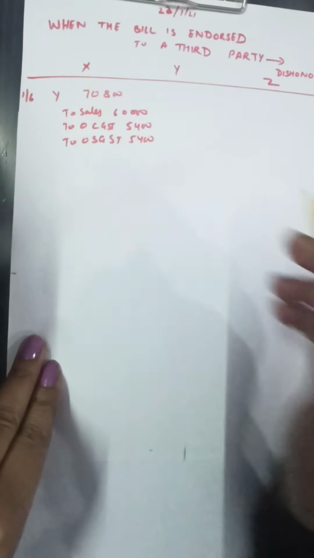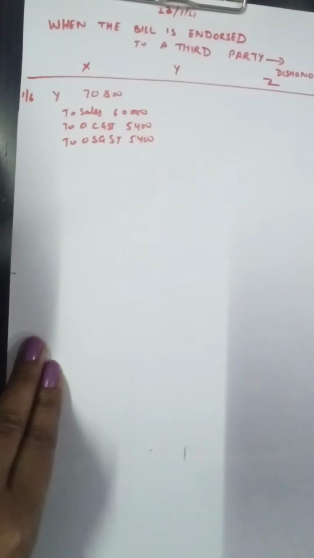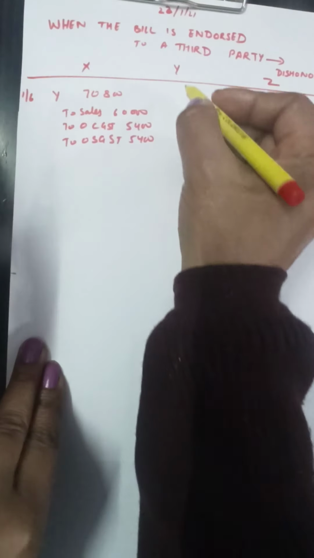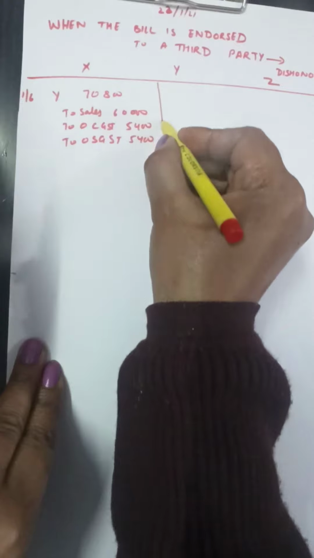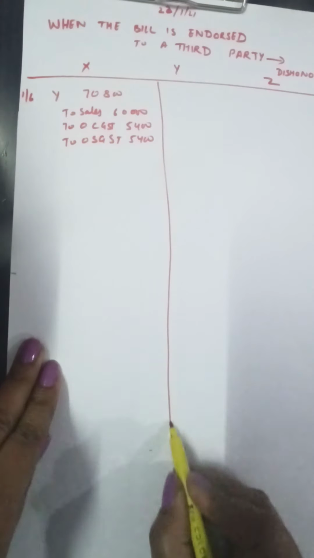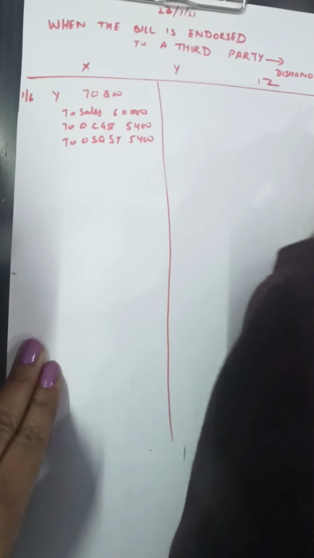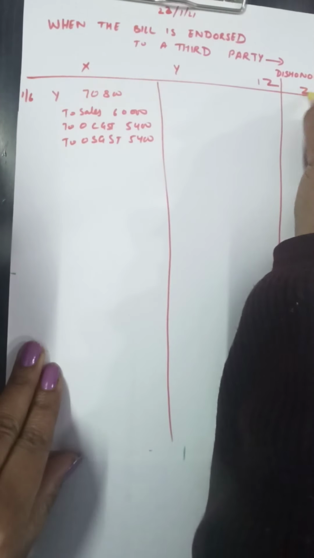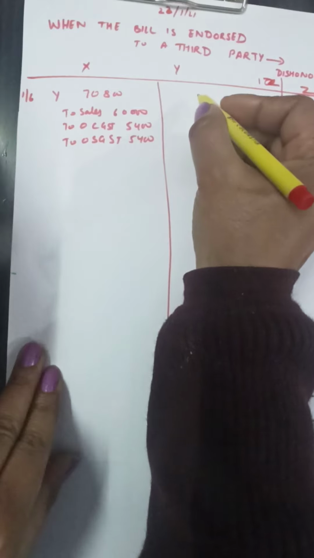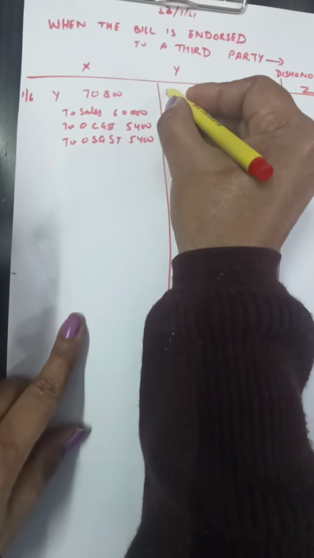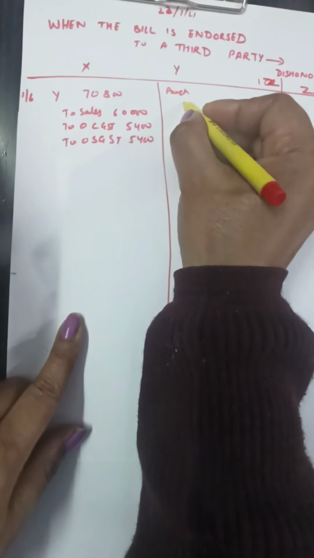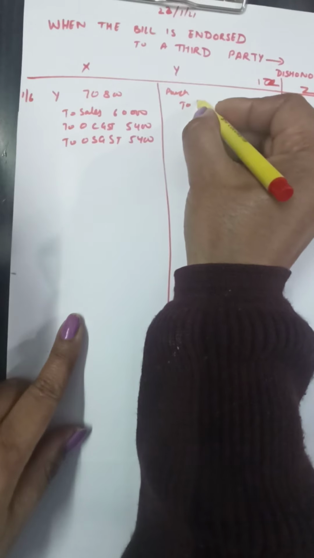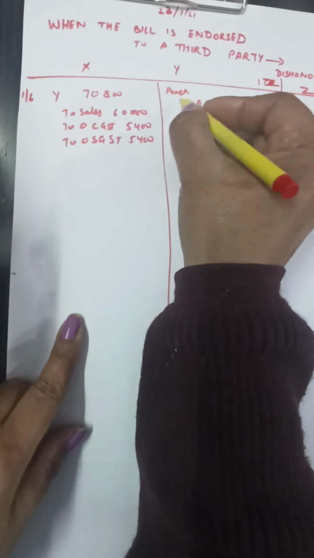In the books of Y, what will be the entry? Purchases, same thing. I'll just draw a line here so that it is easy for you to understand. In the books of Y it is purchases to X. Oh, we forgot input CGST.